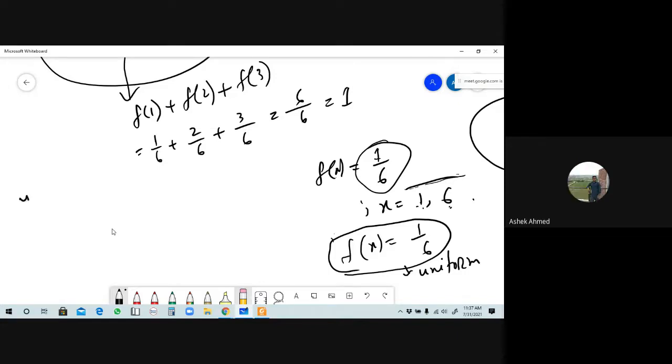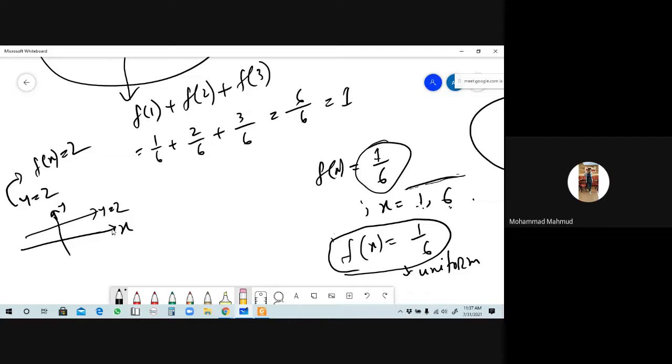Tell me, if y equals 2, can you remember the graph of y equals 2? Yes sir. Okay, the x-axis and this is the y-axis. Here we can say that the left side will be f of x equals 2. Is it right?